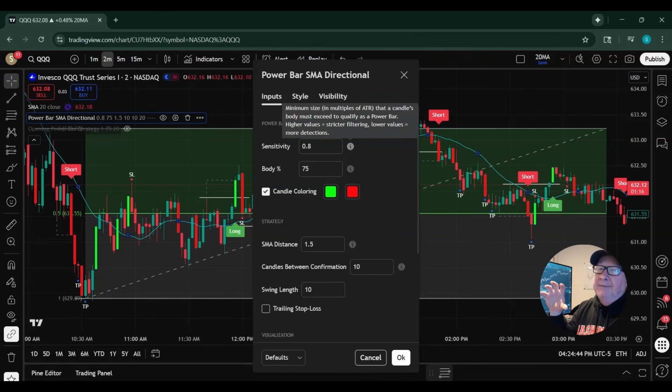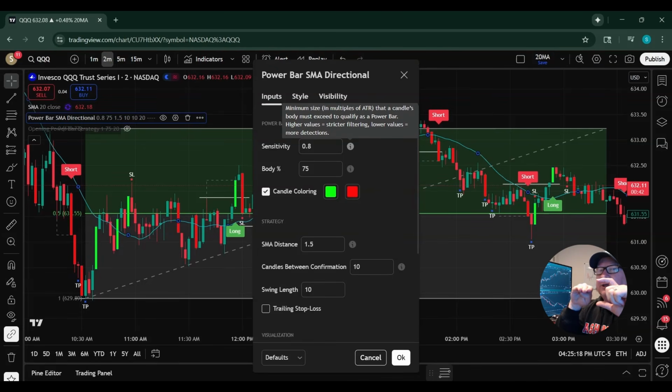When I describe a power bar as larger than the bars around it, you have to tell the indicator in a little more concrete way exactly what a power bar is. So my indicator uses multiples of ATR to determine whether or not it is a power bar. What happens when you get into chop is that the ATR goes from being, let's say, 1.